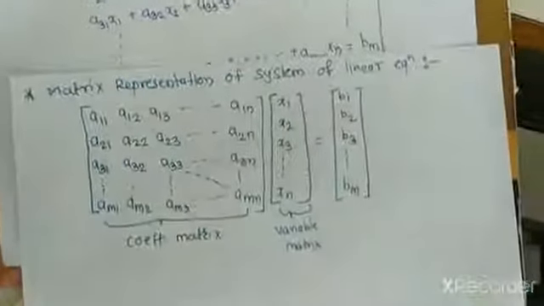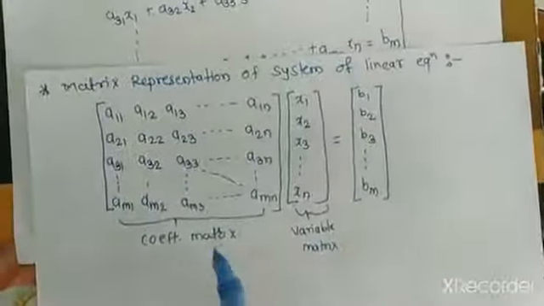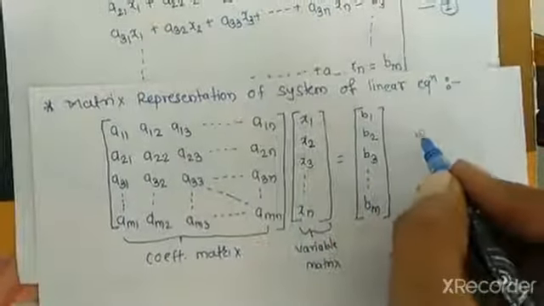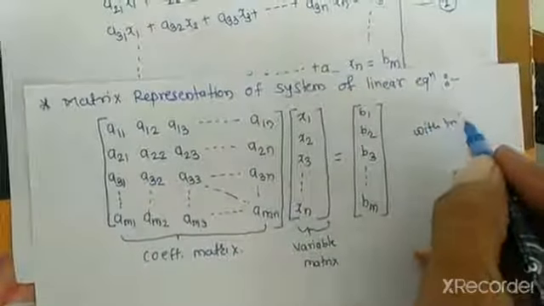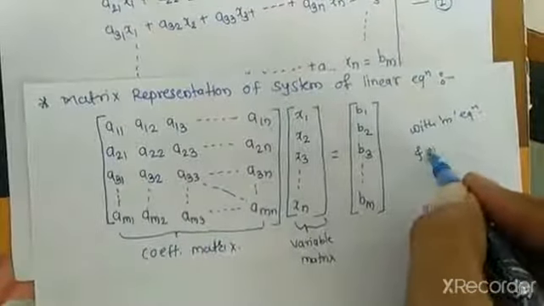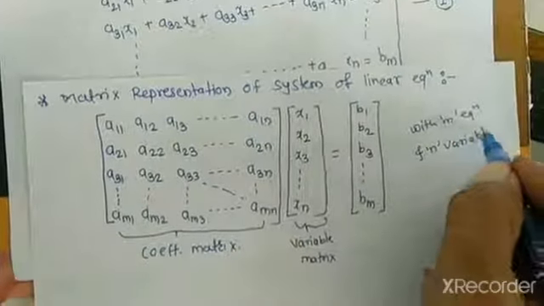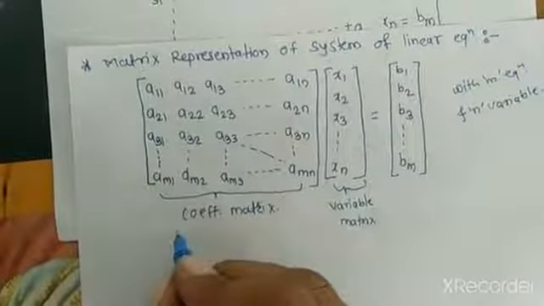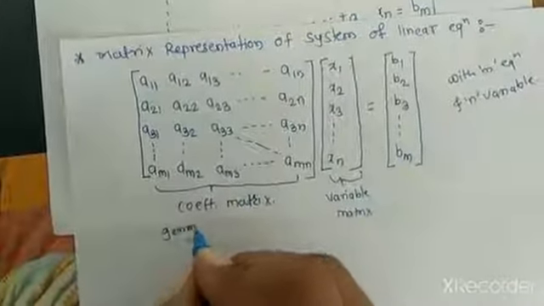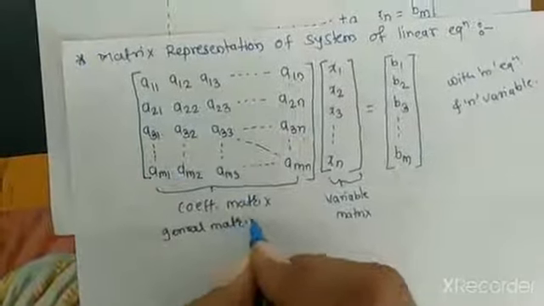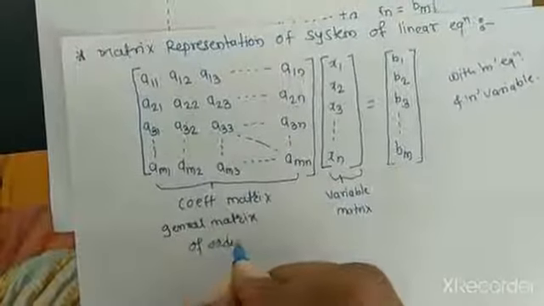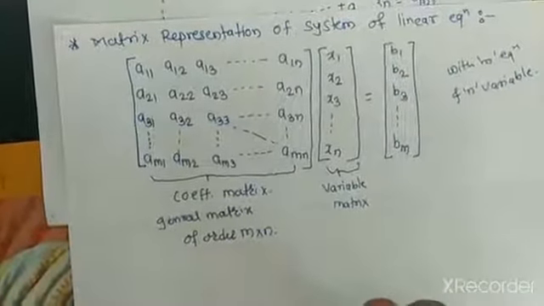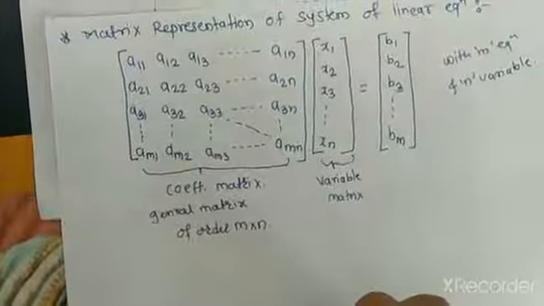That is a matrix representation of a system of linear equations with m equations and n variables. The coefficient matrix is a general matrix of order m cross n, where m is the number of rows and n is the number of columns.